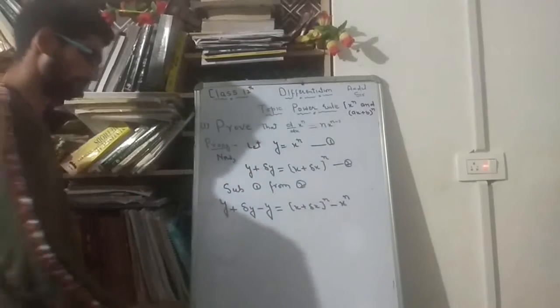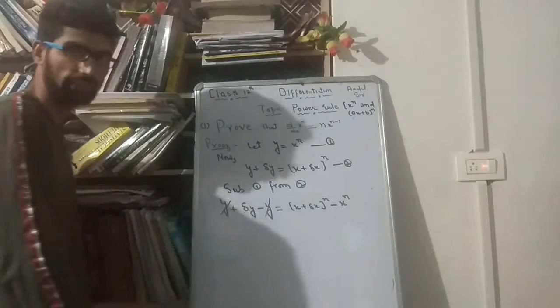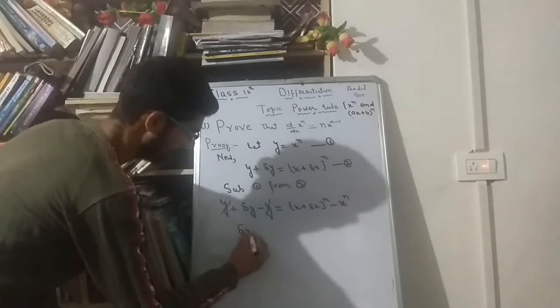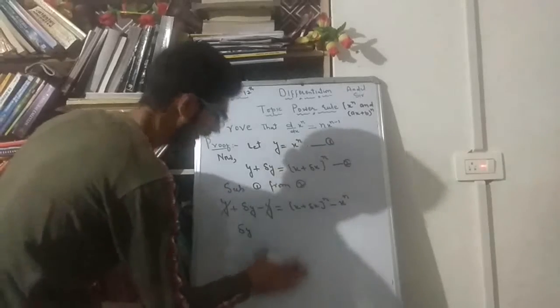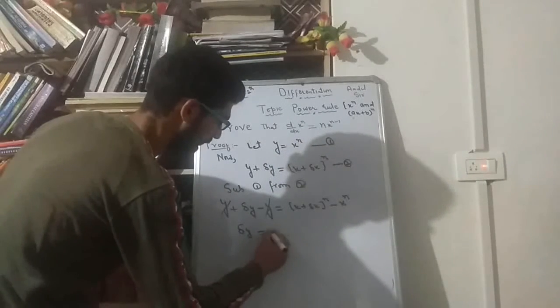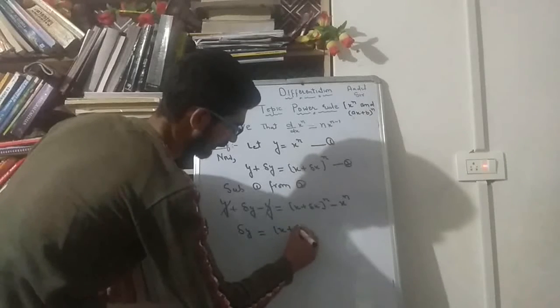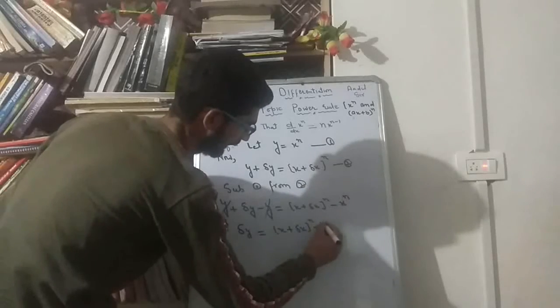Here y and minus y get cancelled. So del y simply equals (x plus del x) raised to the power n minus x raised to the power n.